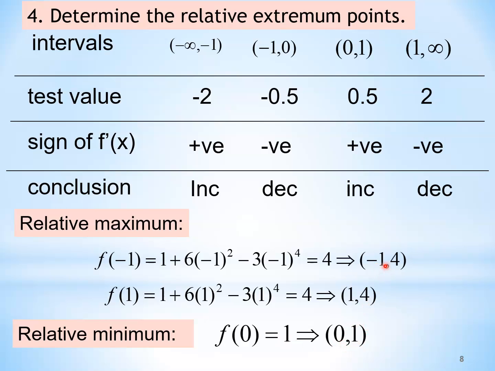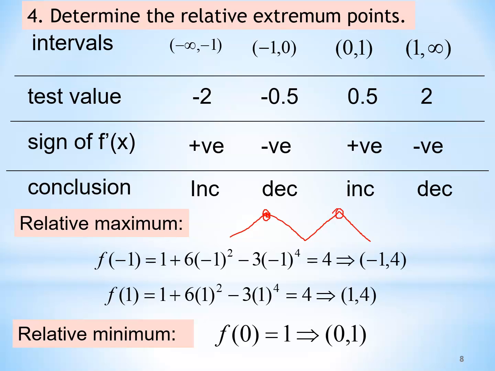Okay, how do I know this is maximum and this is minimum? This is because here when you have increase, it's like this, increase, and then when you have decrease here, and again increase, and decrease. So this part over here will be your relative maximum.